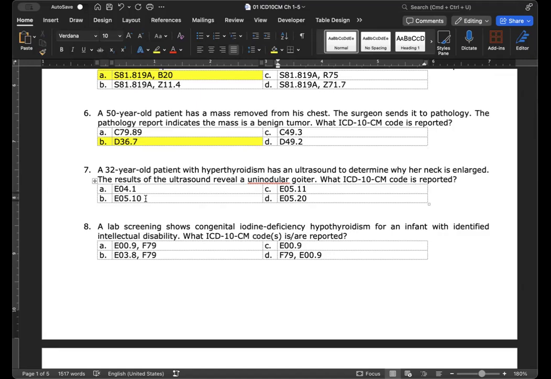And then if you look at the inclusion note under E05.1, it says thyrotoxicosis with a toxic uninodular goiter. Oh, gotcha. A thyroid nodule is going to be the same as a uninodular goiter. Okay, yeah. I think I always get hung up on making sure the code has word for word, but I forget that there are parent codes and codes that are underneath that.